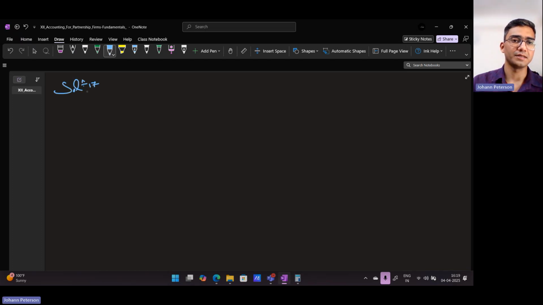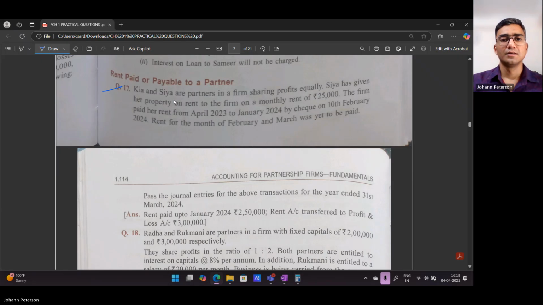Solution 17. Okay, so monthly rent is 25,000. The firm paid her rent from April to January, which means we have paid 10 months' rent. If you count from April right up till January, that is 10 months. And we have paid it by cheque on 10th of February 24.